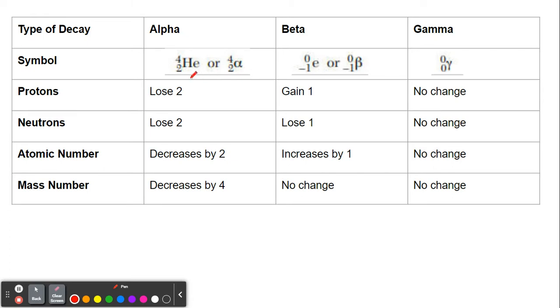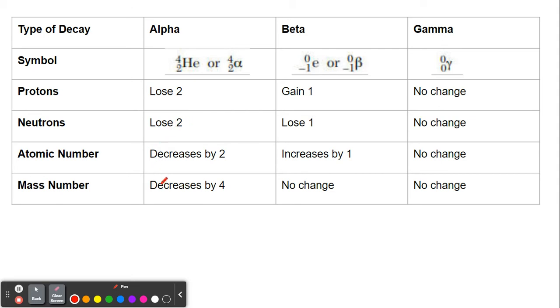What happens during this decay process is it's actually losing two protons and losing two neutrons as well. That's what makes up our helium atom. So if you look at the atomic number, we're going to see a change in the element, and that's going to decrease by 2. And because we're losing two protons and two neutrons, that means the mass number is decreasing by 4.